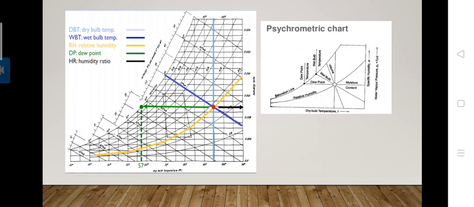These are all the lines we can see in this psychrometric chart. The reference point has coordinates of 24 degrees centigrade dry bulb temperature and 50% relative humidity, and it is used as the reference for calculations in air conditioning problems and psychrometric processes.